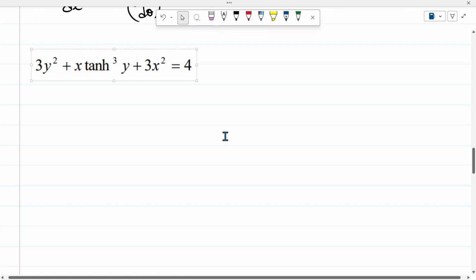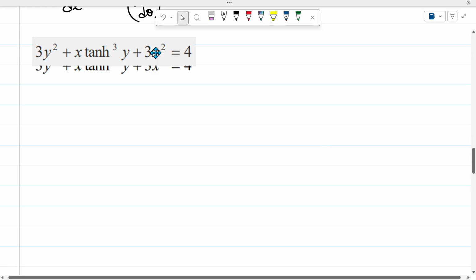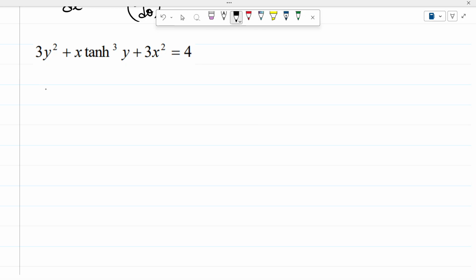Alright guys, thanks for understanding. Now let's see if we can chop this following one. Of course we can, right? Why won't we? Alright, so we are given this equation 3y squared plus x hyperbolic tan cube of y plus 3x squared, which equals 4. Because we can't make y the subject of the formula here, we are going to use implicit differentiation to differentiate that given equation.